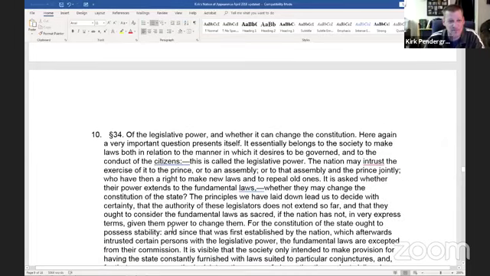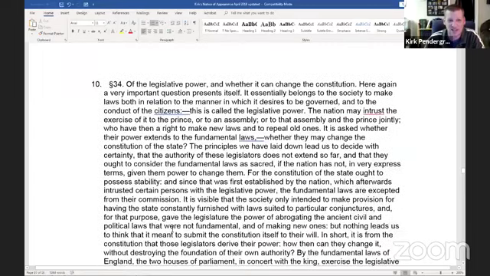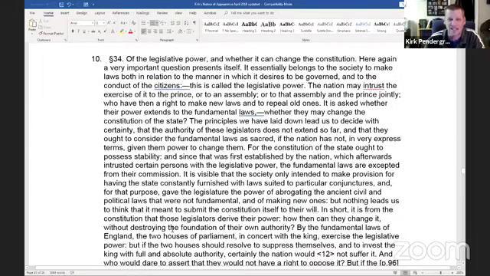This is from the Law of Nations. This is one great one to have in here. The legislative power and whether it can change the Constitution. Here again, a very important question presents itself. It essentially belongs to the society to make laws both in relation to the manner in which it desires to be governed. Imagine that. That would be the Declaration of Independence, huh?